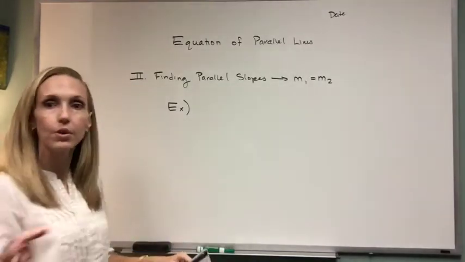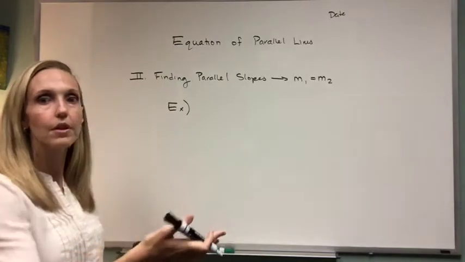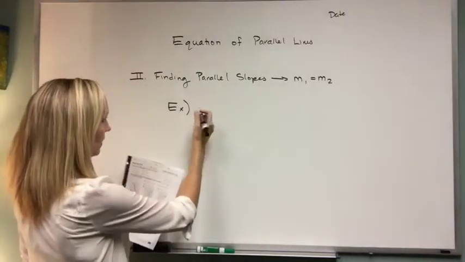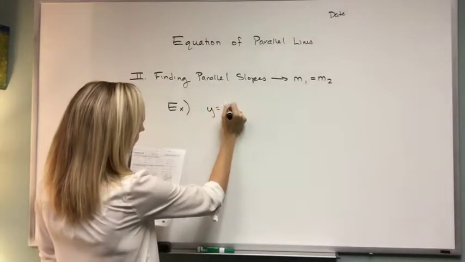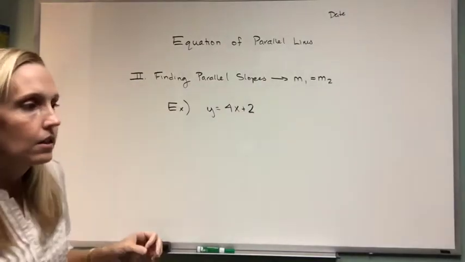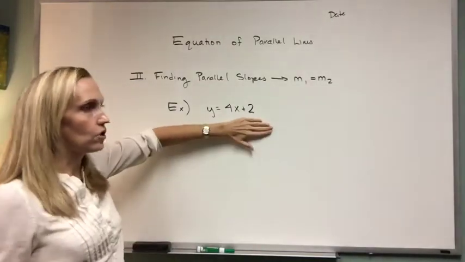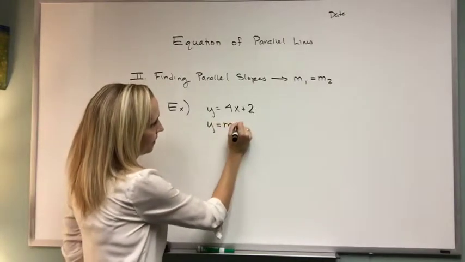So we're going to be nice. We're going to give it to you in slope-intercept, so you can identify the slope pretty easily. So we have y equals 4x plus 2. We know that we're in slope-intercept form. We are in y equals mx plus b.